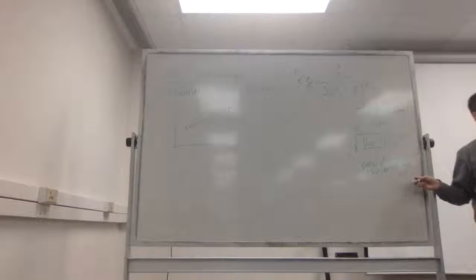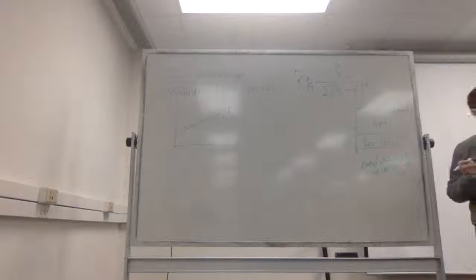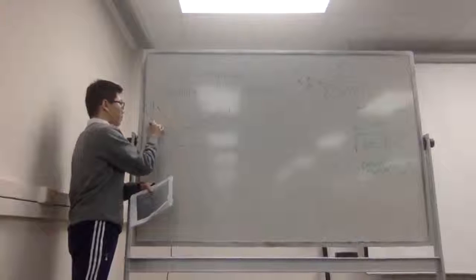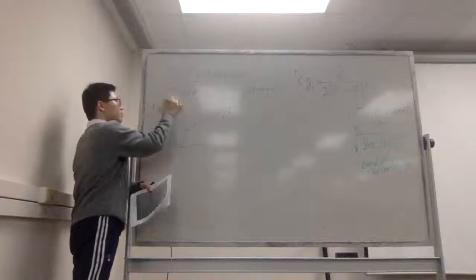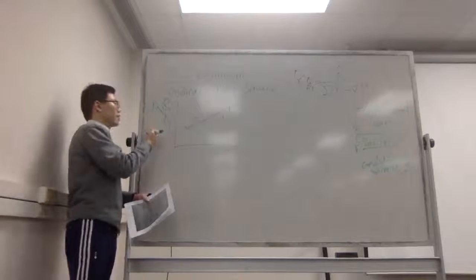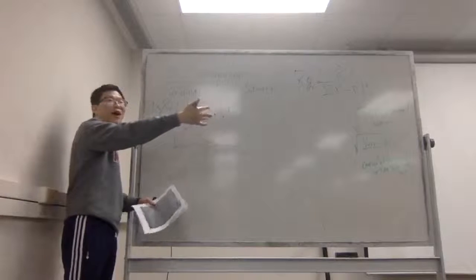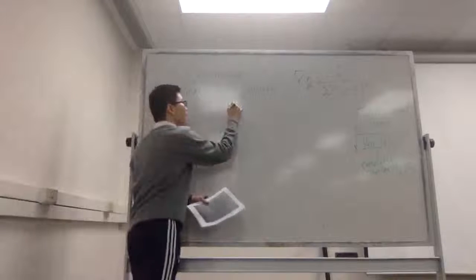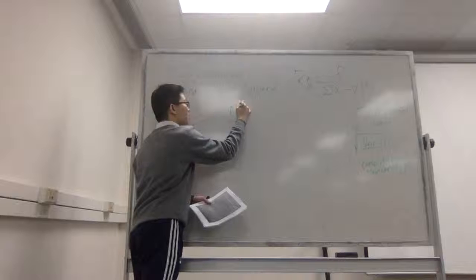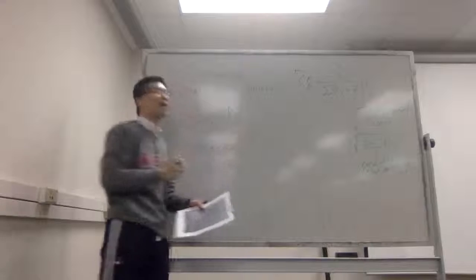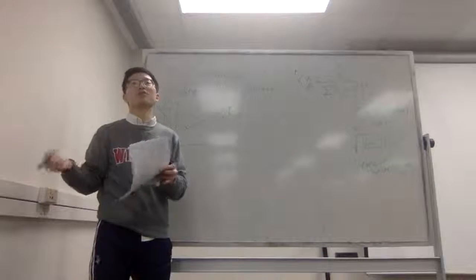Let me repeat what we covered so far. We had the raw unconditional standard deviation, and then we're trying to explain what's going on with y. After explaining y, we have the conditional variance of y, or variance of residual.